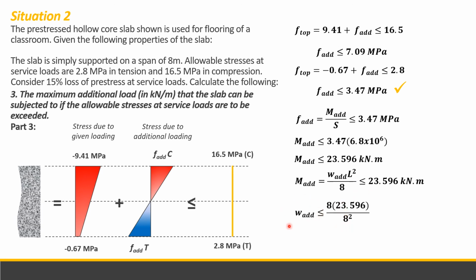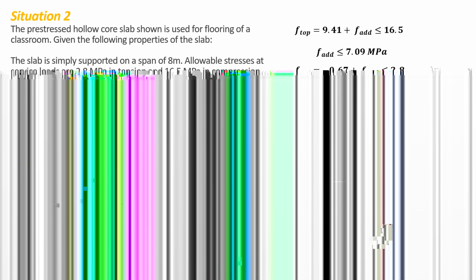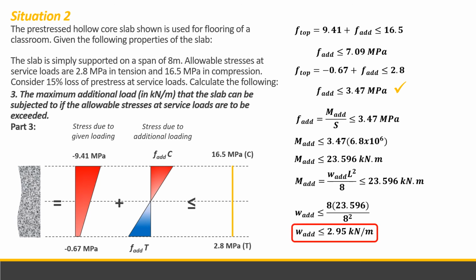Solving for omega, it becomes 8 times 23.596 over 8 squared. So the additional load is 2.95 kilonewton per meter. That is the maximum additional distributed load we can subject to our hollow core slab.